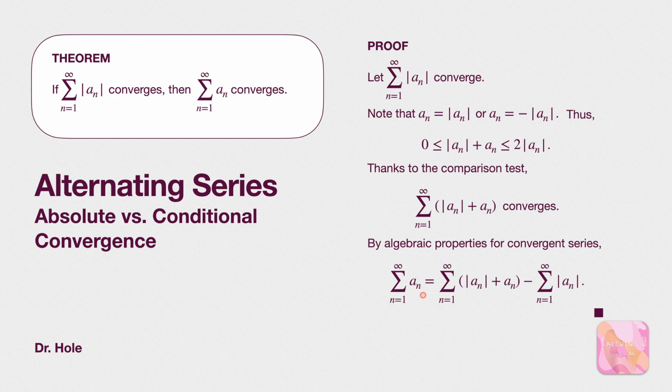And then distribute the summation thanks to algebraic properties of convergent series. And then we have that our series may be viewed as the difference of this quantity and that quantity. In other words, our series is a finite value. And we are done. Very good.